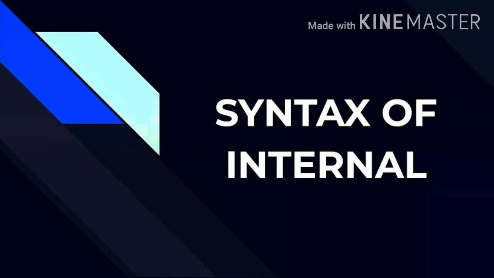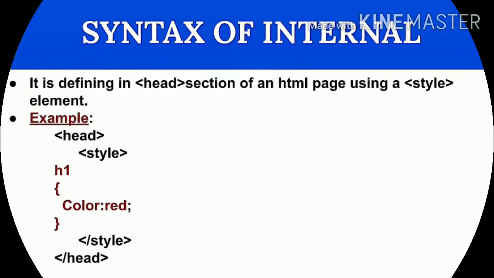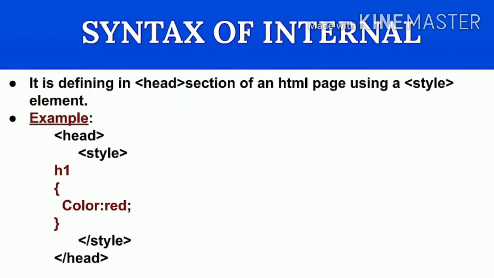Let's start to get knowledge about the internal type which is used in the CSS language. It is defined in the head section of an HTML page using a style element. If you want to make some changes in the HTML, then you have to declare the style pair tag. Style is a pair tag, so you have to start and close this tag in between the head tag.